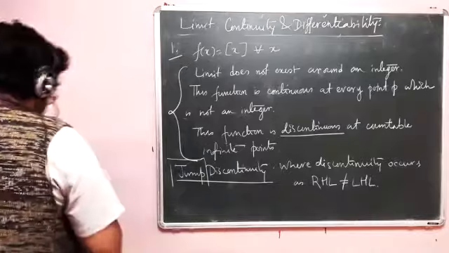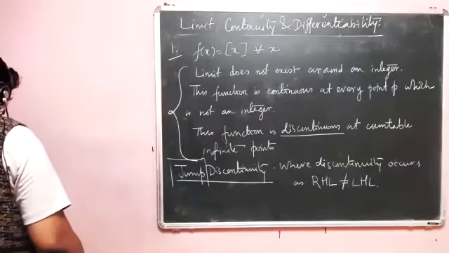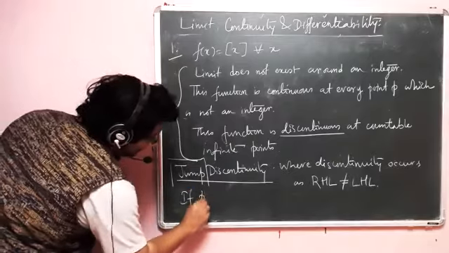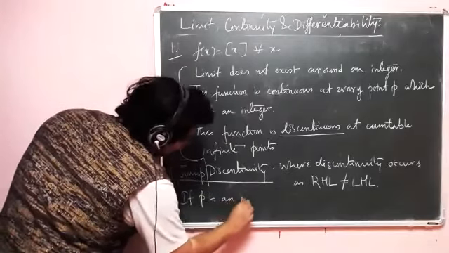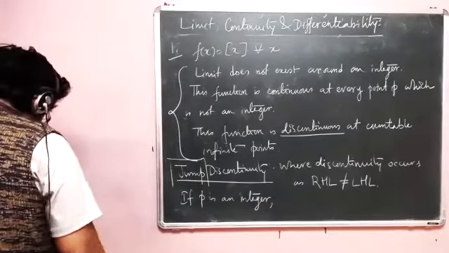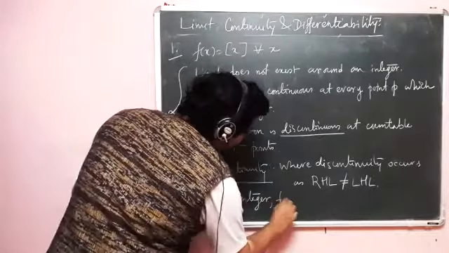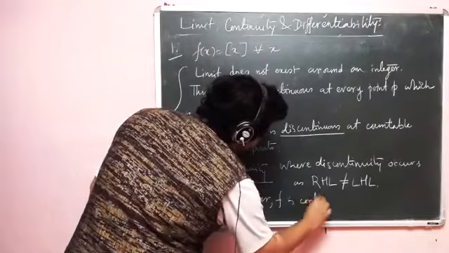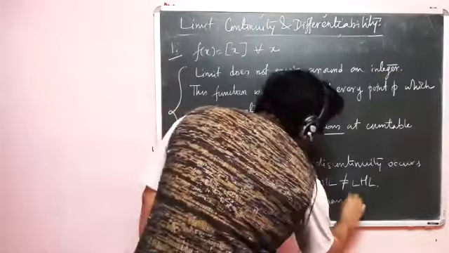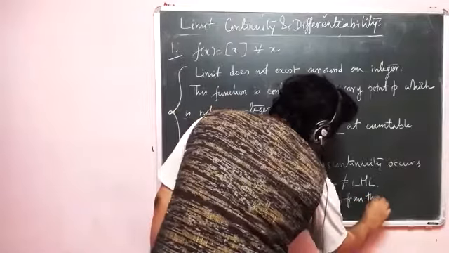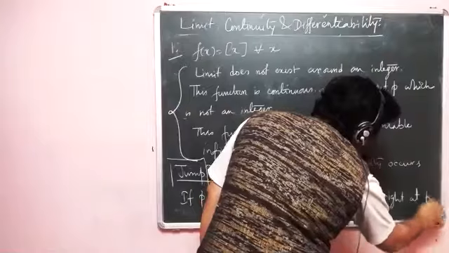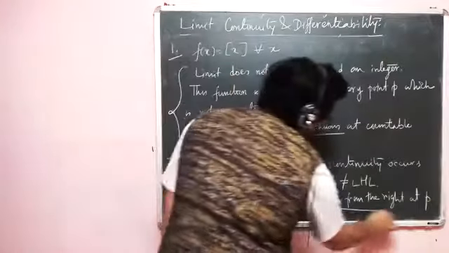So we can also write a statement like this, that if p is an integer, f is continuous from the right at p, continuous from the right.